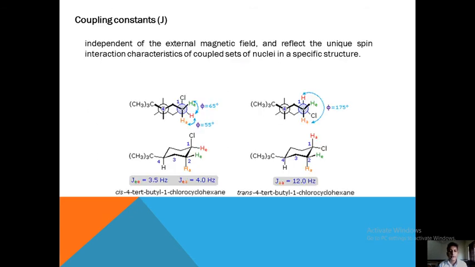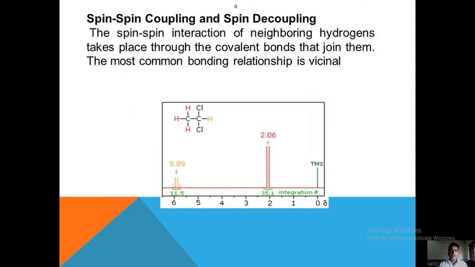So now we are going to learn about spin decoupling. Previously we noted that rapidly exchanging hydroxyl hydrogens are not spin coupled to the adjacent CH groups. So this is the reason.